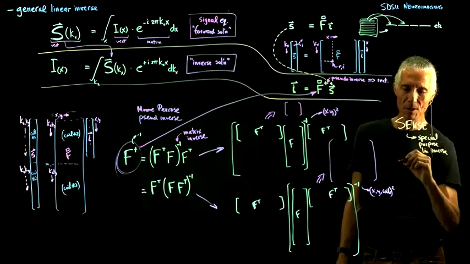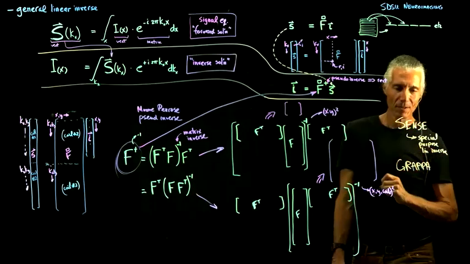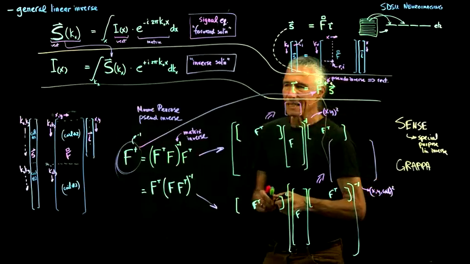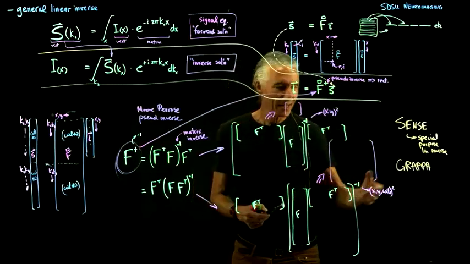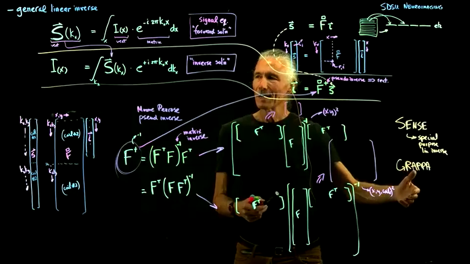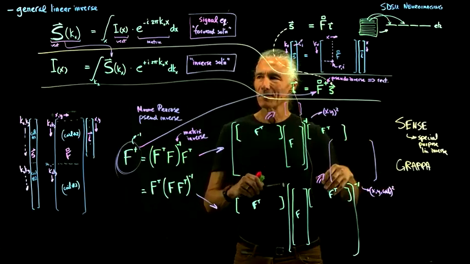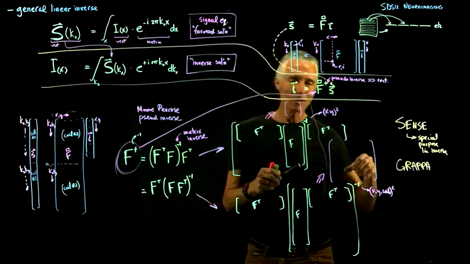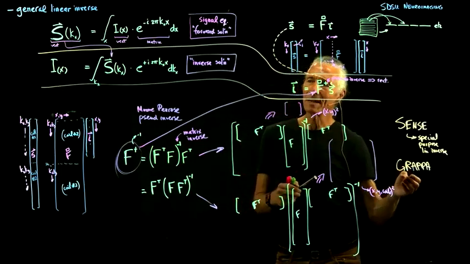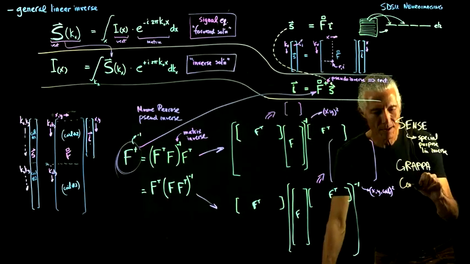There's another thing that we'll talk about a lot called GRAPPA, which is not really a linear inverse, but you can think of it as doing kind of the same thing. In this case, we're leaving out data and trying to fill in data using a tricky method. But there's another thing, if you want to read about it, called compressed sensing.